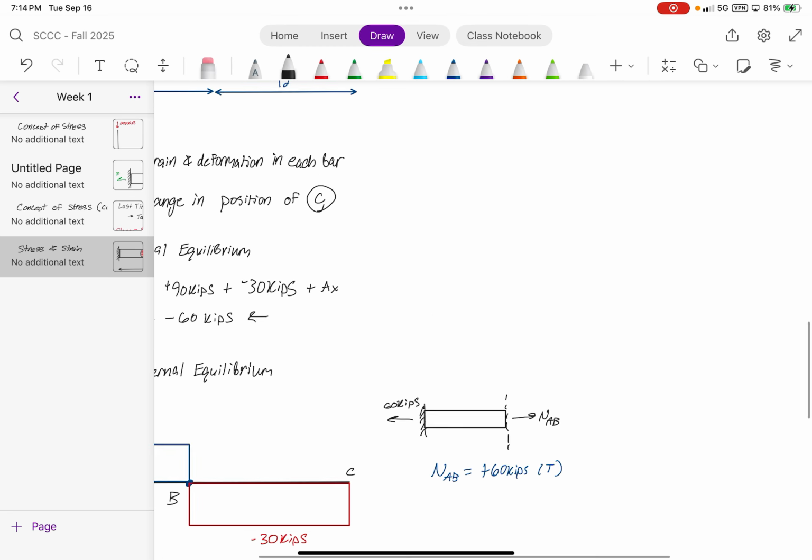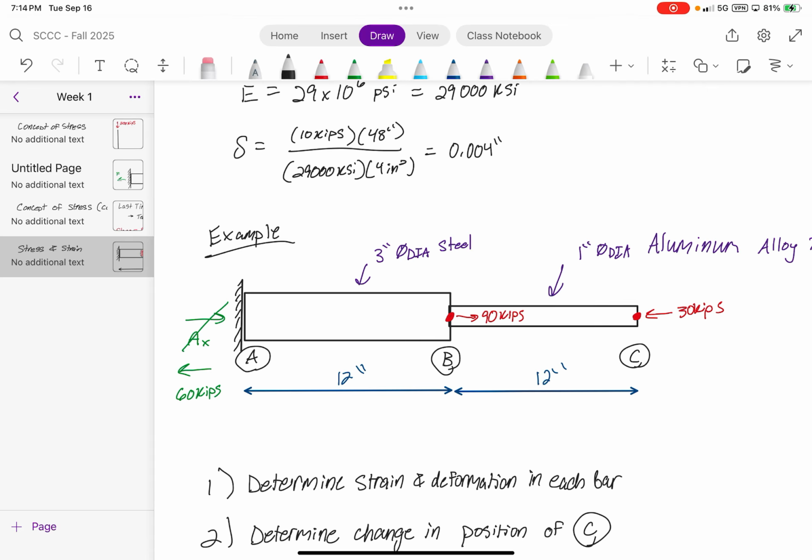Now, if you were to look at it from the right side perspective, you would cut a section right through there, eliminate all of that and draw a tension force. So you would get a net of 60 kips: 3/4 to the right, from the 90 minus the 30, 60, which means N needs to be 60 going that way anyways, which gives you tension.